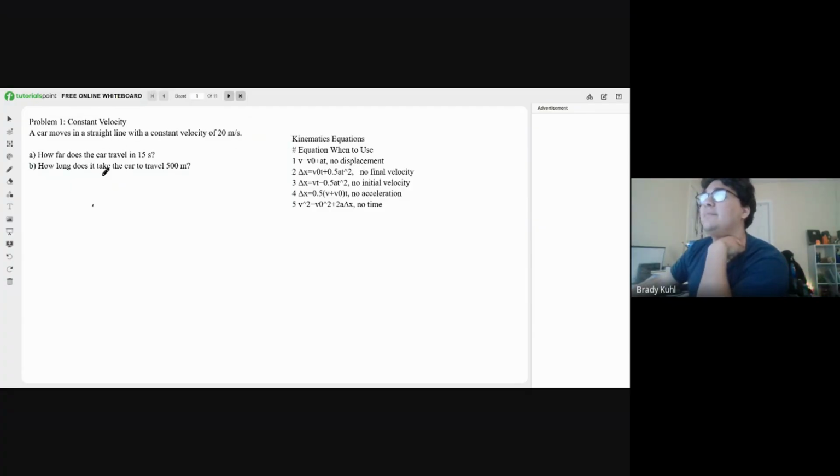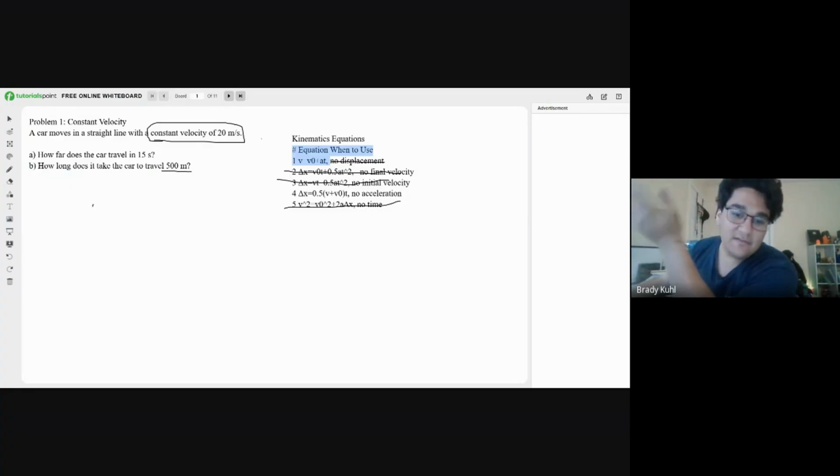Is there any displacement? Yes, there's displacement. We have a constant velocity of 20 meters per second. Anything that uses acceleration, we can cross out, because acceleration is zero.